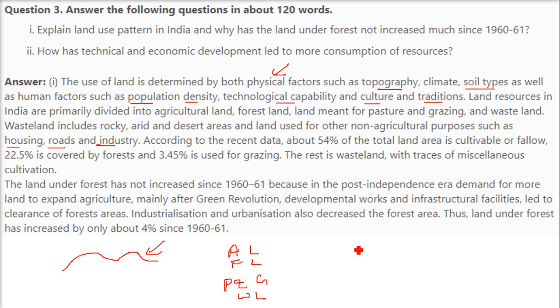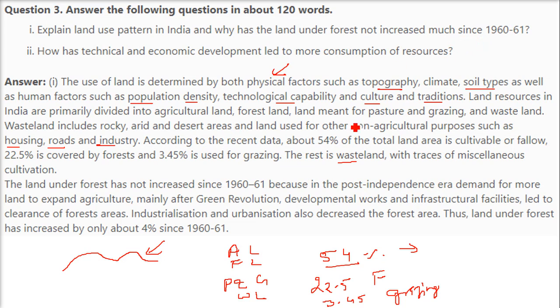In the recent data, about 54% of the total land area is cultivable, or it is left for cultivation to gain the fertility, that is called the fallow land. 22.5% is covered by the forest and 3.45% is for grazing. The rest is wasteland and with traces of miscellaneous different types of cultivation.